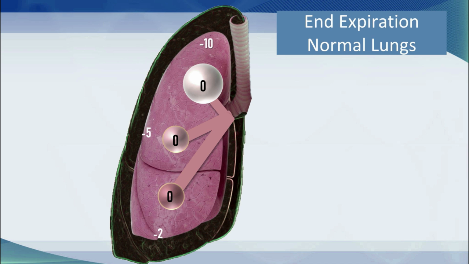In the erect position, the lungs hang down from the top to the bottom like curtains, and the gravitational effect of the hanging lungs results in the pleura being stretched the most at the part of the lungs that are least dependent.